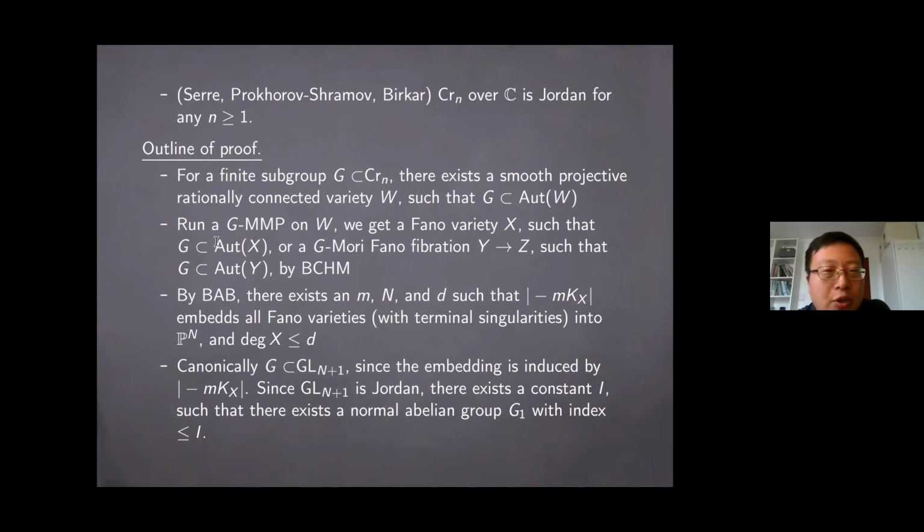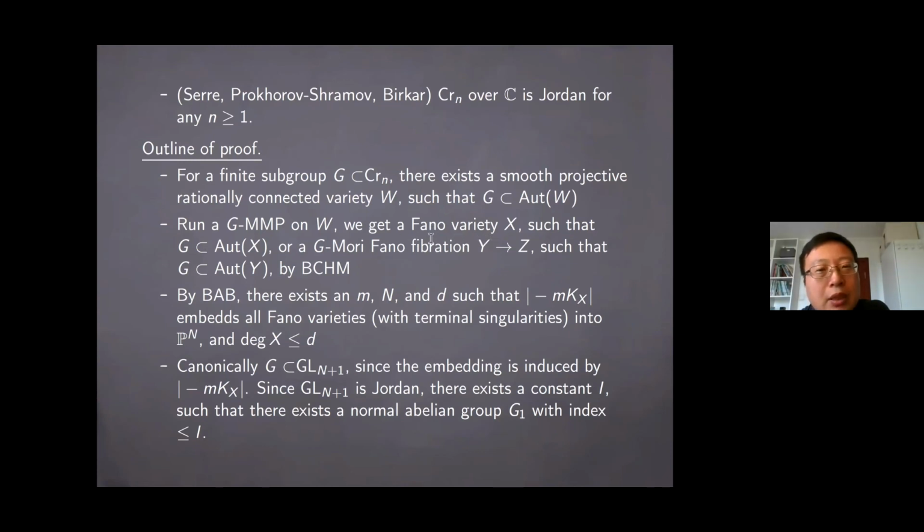Then we can run a G-MMP on this W. Since W is rationally connected, this G-MMP over C always terminates, and we get a Fano variety or a Mori fiber space. In this case the Fano variety may not be smooth anymore: W is smooth, but X is not.